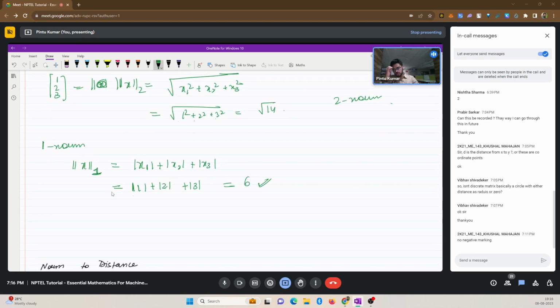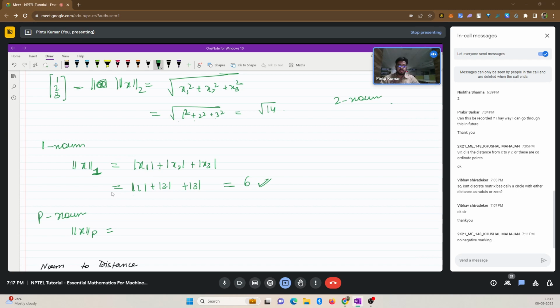Now you also have something called the p norm. Right now we just talked about 1 and 2, but you can have a norm defined for any positive integer p. So what is the p norm? If you look at this, we were taking it to the power 2, and towards the end we were just square rooting it, right?